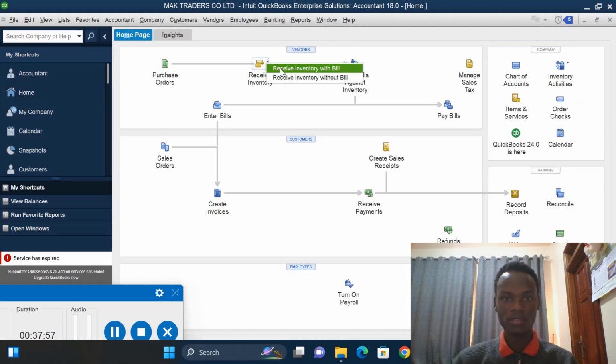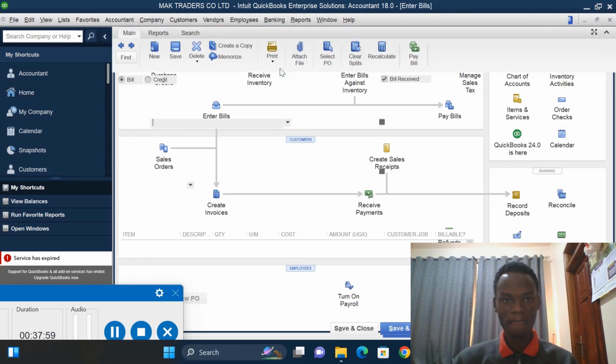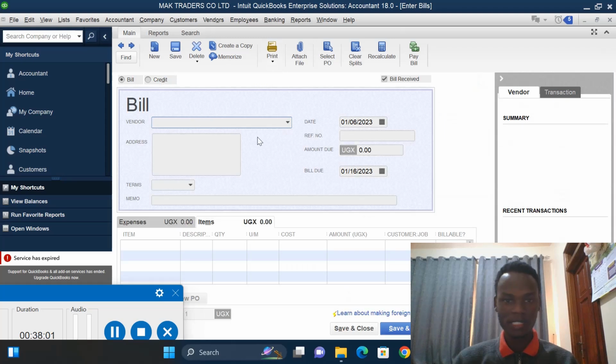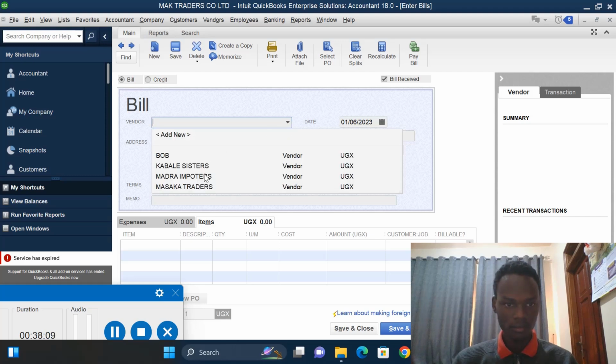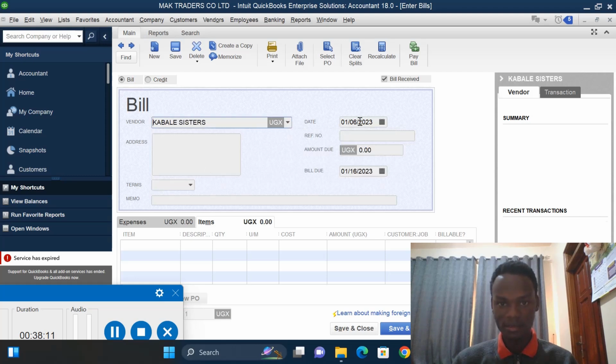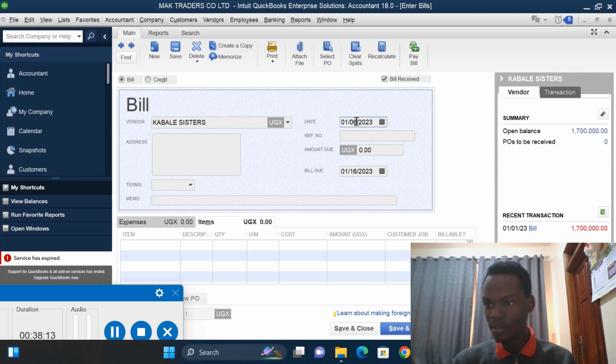So we'll receive inventory with that bill. So we'll create a bill for Cavalry Sisters on 7th January.